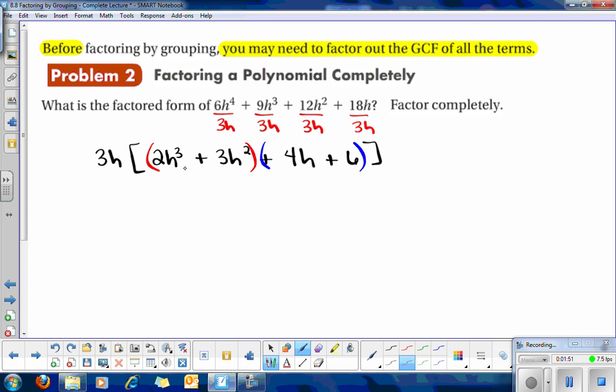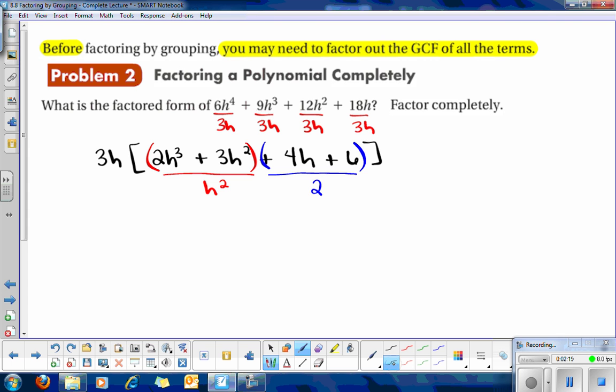So the GCF of the first two we can take out is an h squared. Okay, so that goes on the outside, and what's left is 2. Well, you know what? Let me rewrite this. Let's write divided by h squared, and then on the second one, we'll factor out a 2.